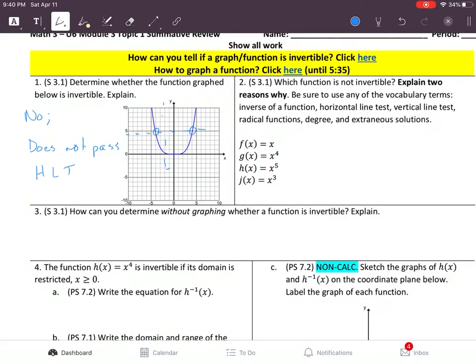Number 2, is the function invertible? So all of these are invertible except this one, x to the 4th.